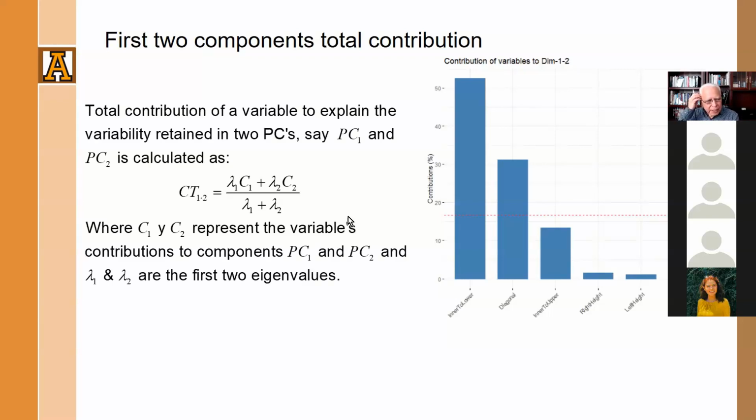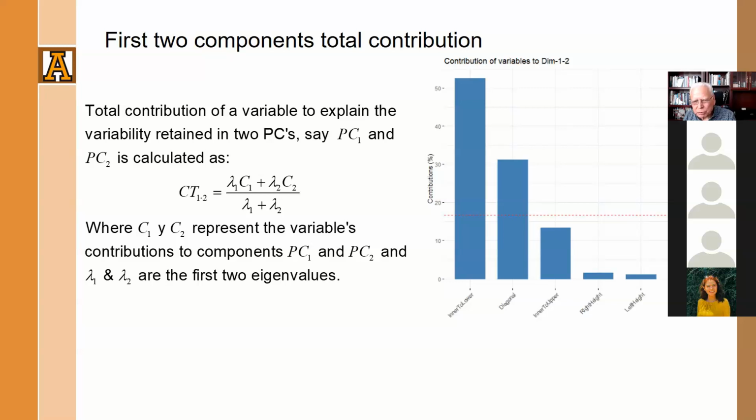Yes, we can take the expected contribution as a parameter to decide which variables to take in each principal component. But the main tool that we have to determine what the principal components are is the scree plot, the scree plot that we saw.